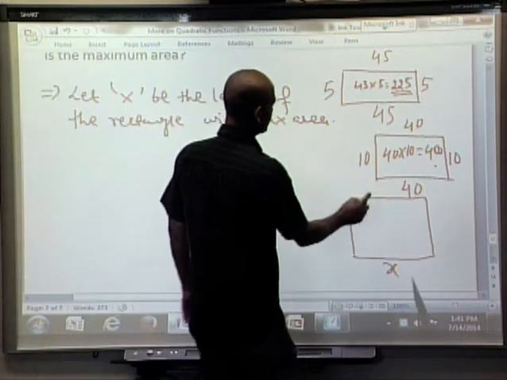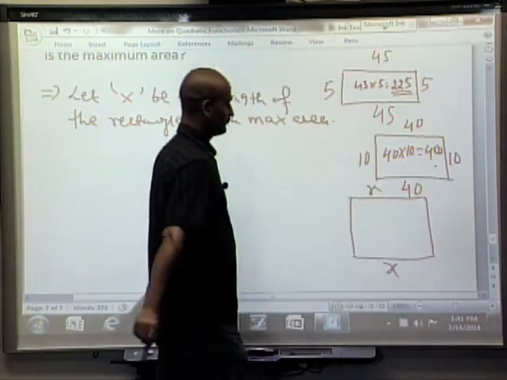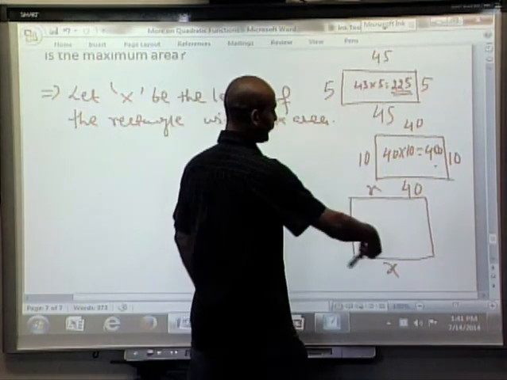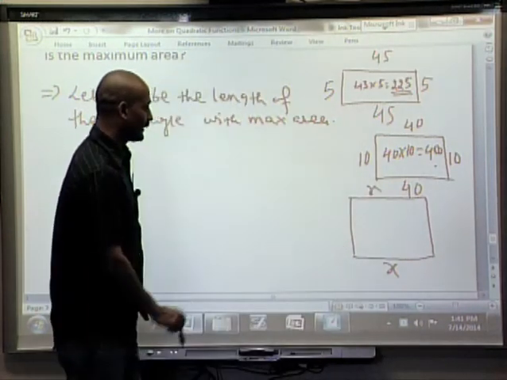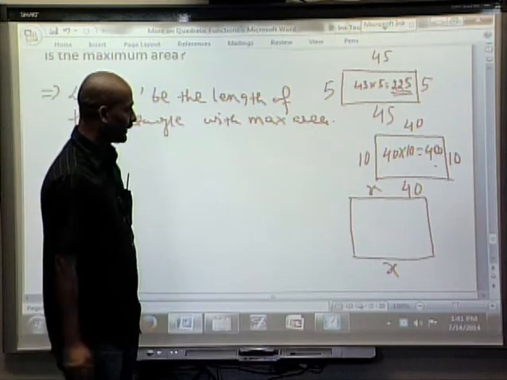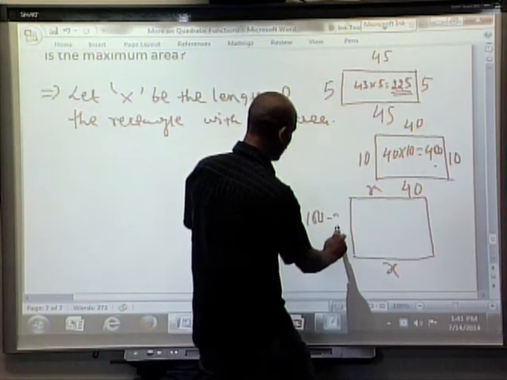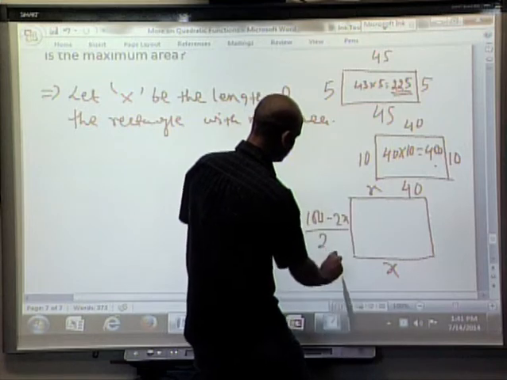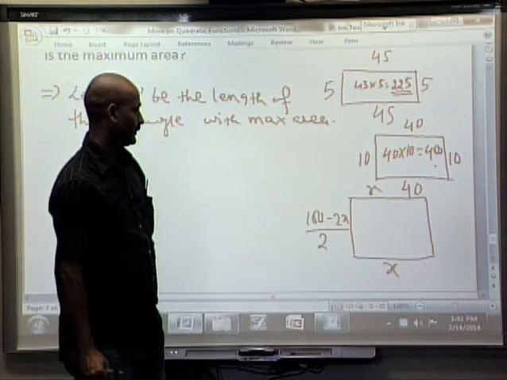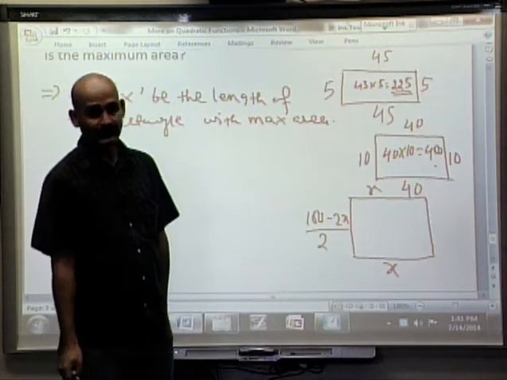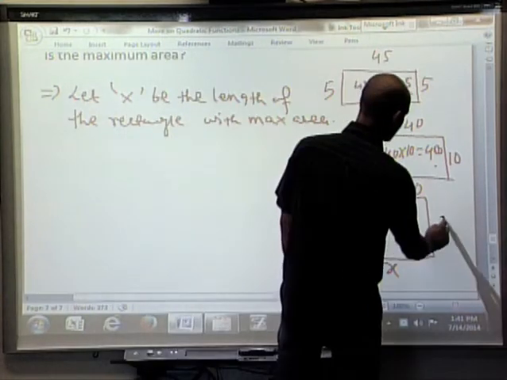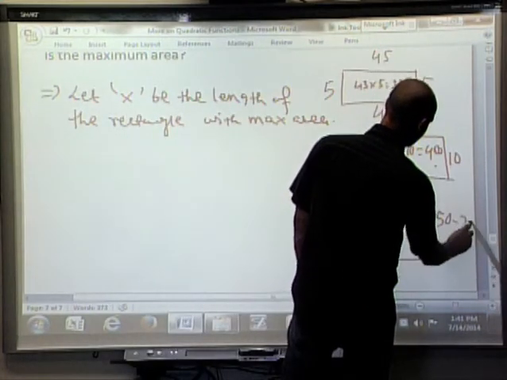If this is x, of course the opposite side should also be x. Since the perimeter is 100, since the fencing is 100, the width should be 100 minus 2x divided by 2, or I could have said 50 minus x, and the opposite side should also be 50 minus x.